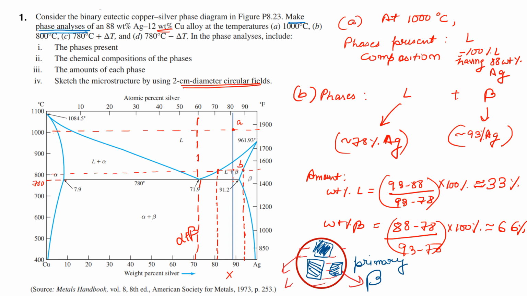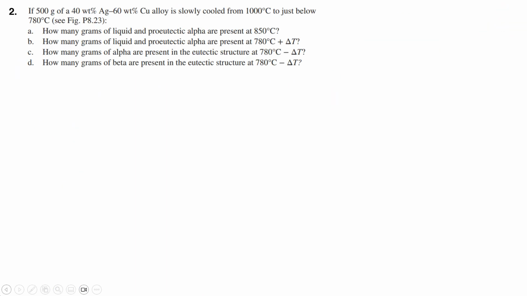The other secondary phase that is here is alpha here. So the amount of alpha in the laminar phase you can find out by that. Okay. So maybe I can just write it for noting.